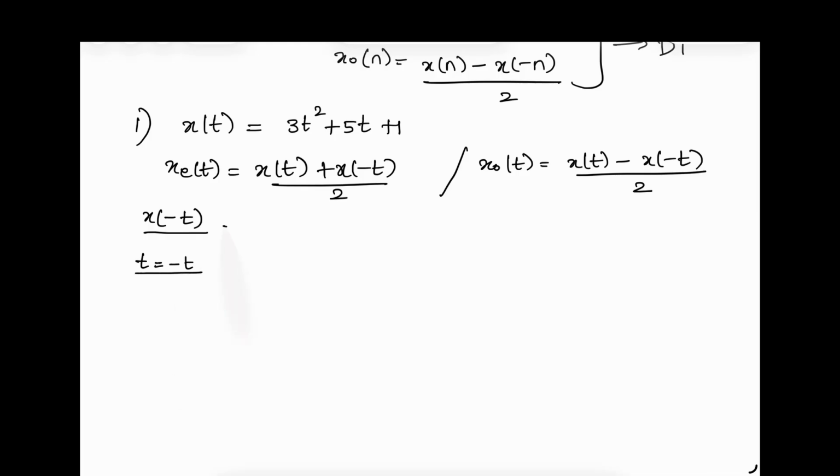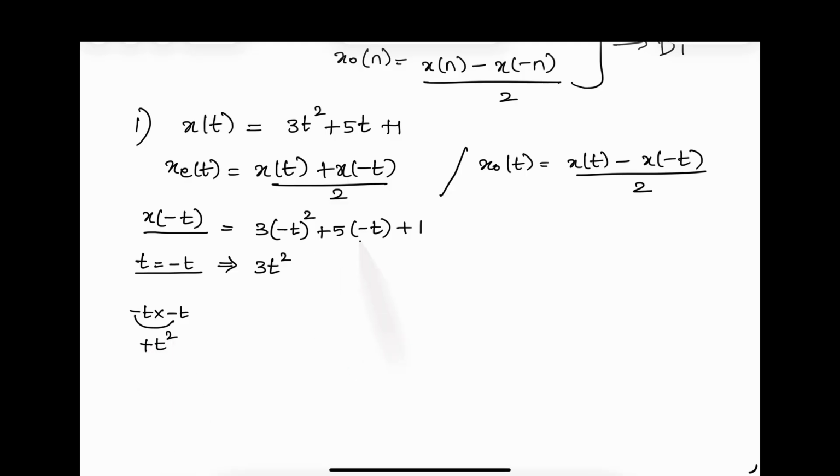So this becomes 3 into, in the place of t I am going to put minus t the whole square, plus 5 into, in the place of t I am going to put minus t, plus 1. So 3 into minus t into minus t, minus into minus becomes plus, t into t becomes t square, so 3t square.